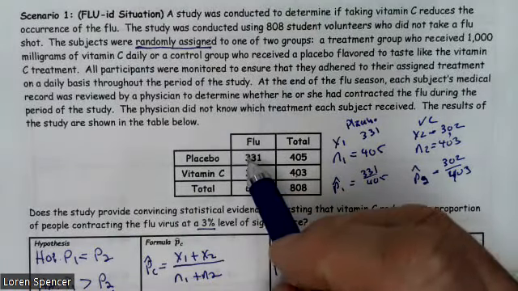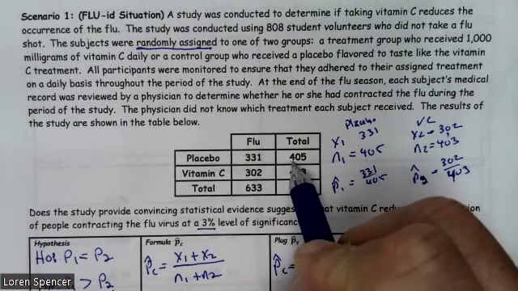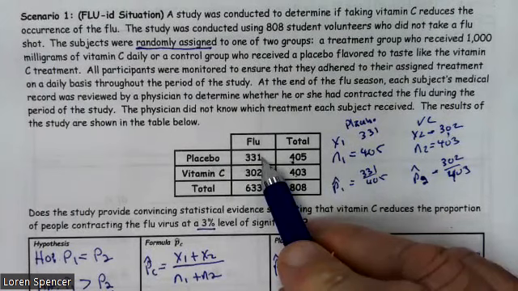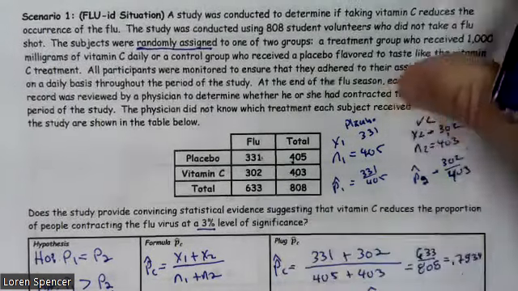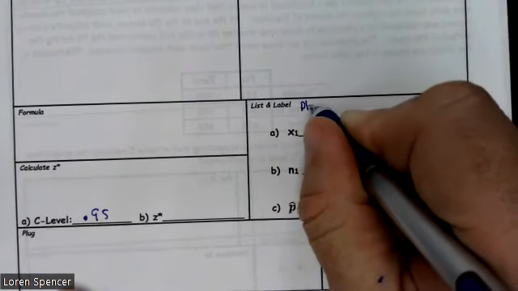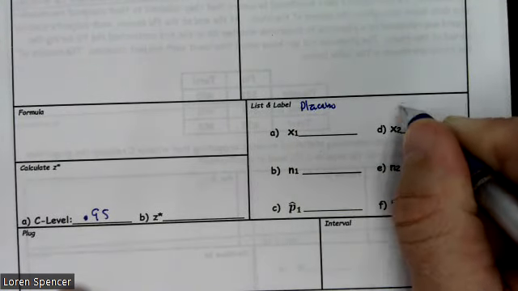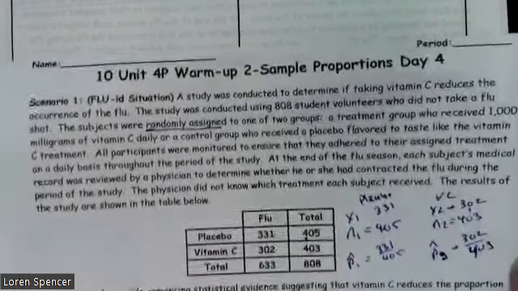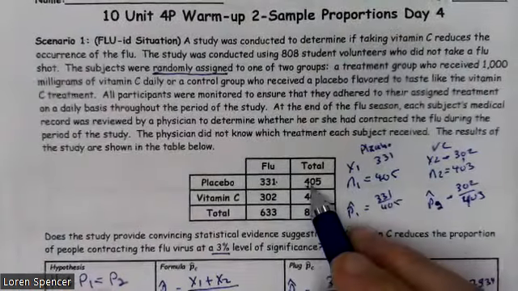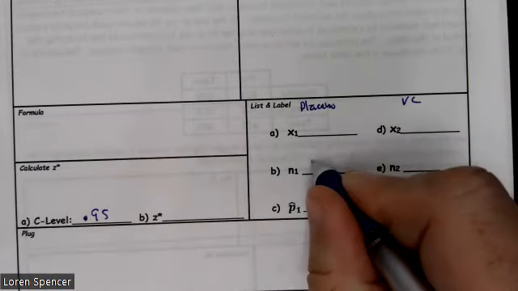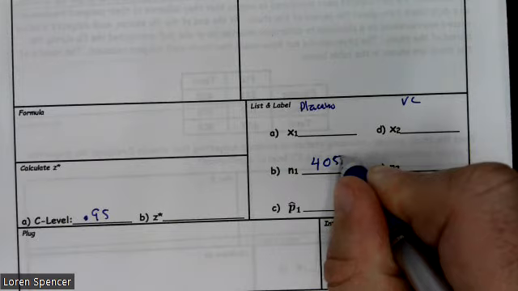Awesome. So in the placebo group, there were 405 people, and 331 of them got the flu. We probably need to fill that out. I'm going to call this the placebo, and this is the vitamin C, VC group. Apparently 405 got the placebo, so my sample size is 405.